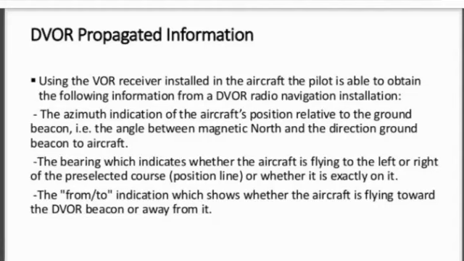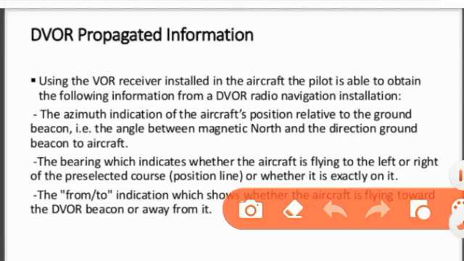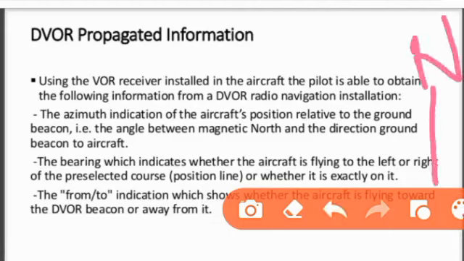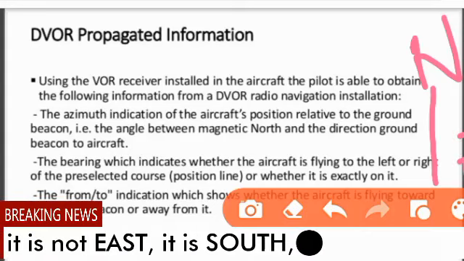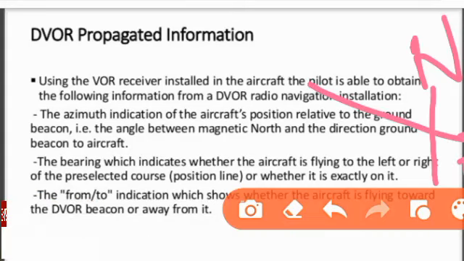That is, this is north, we can denote like this, and this is east. Suppose the aircraft is moving like this, then this angle is the azimuth angle. That is the relative angle of the direction of the aircraft with magnetic north. Okay, let us erase this.